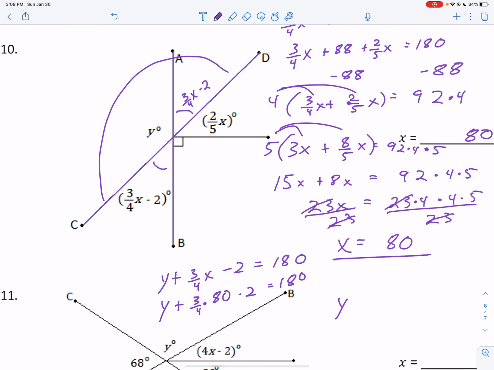So 3/4 times 80, 3 times 80 is 240, divided by 4 is 60. Or you can just break it up a little bit more, and you can cancel a 4 in this to get a 20. Either way you want to do it.